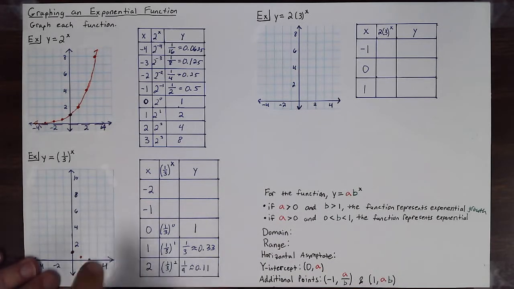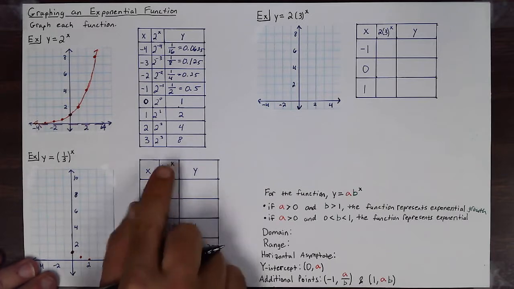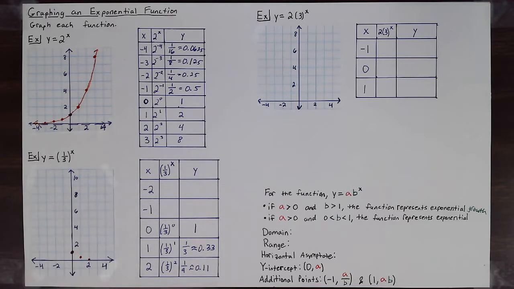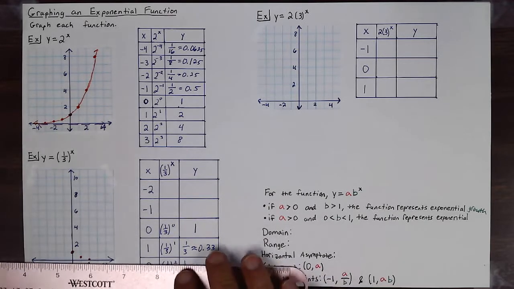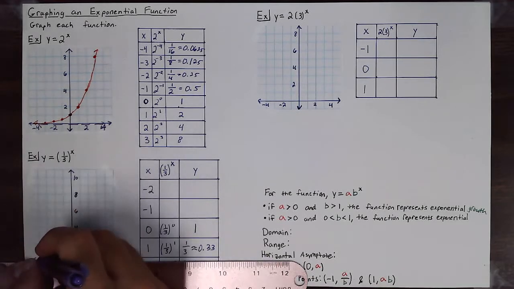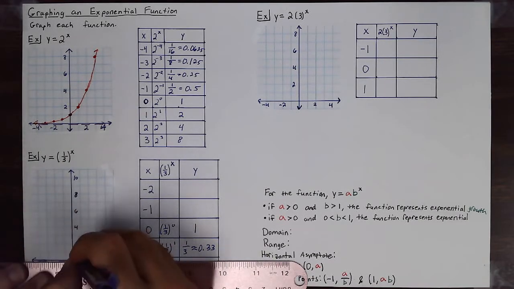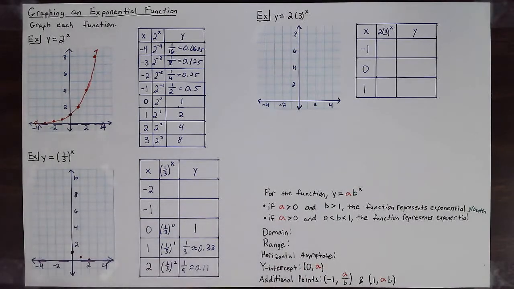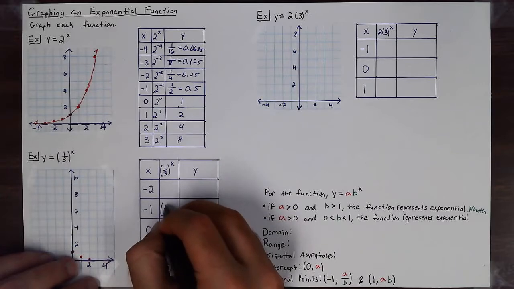And again, it's never going to actually hit that x-axis. There's no power I'll be able to pick for 1/3 that would actually make this equal to 0 or less than 0. So it's just going to flatten out against the x-axis again. So I have a horizontal asymptote along the x-axis again. Now if I go backwards, I plug in -1, so I have 1/3 to the -1 power.